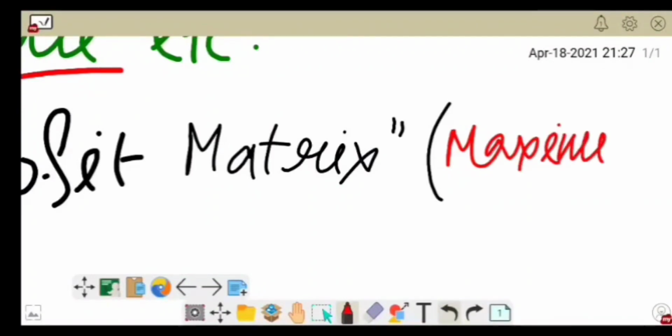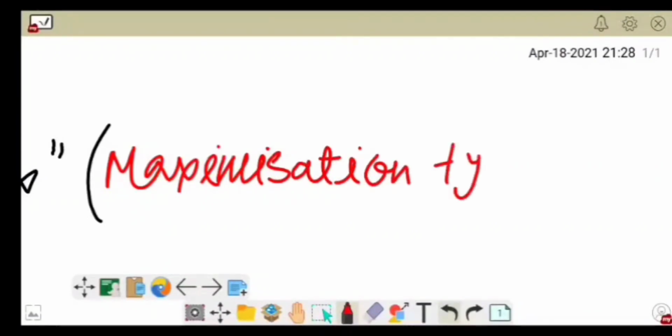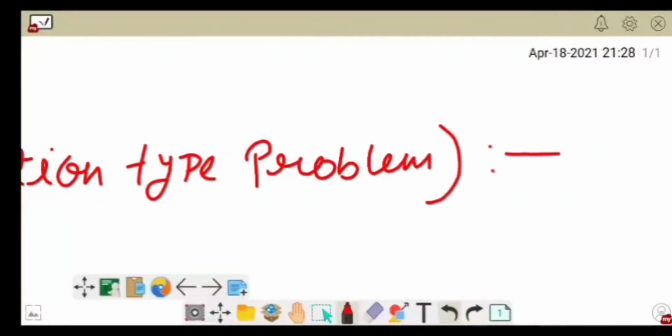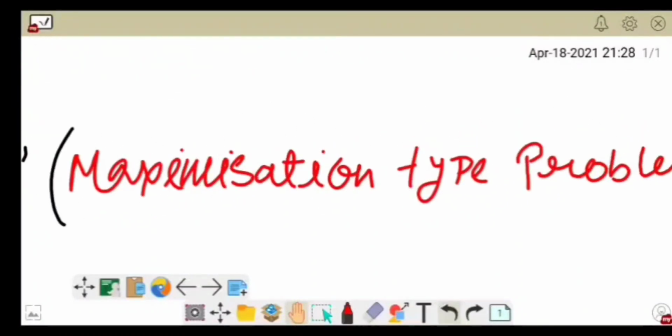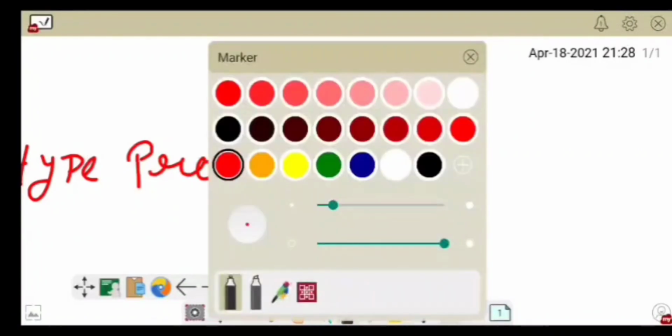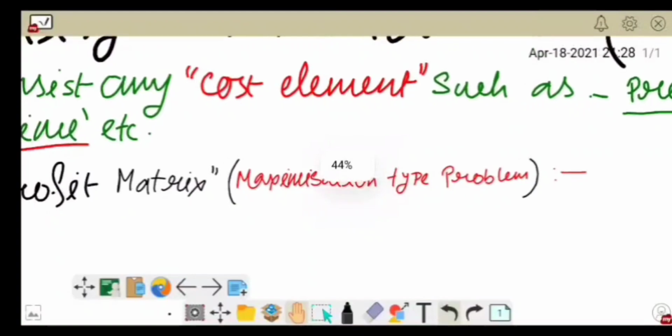Profit is related with the word maximization, because everyone wants to maximize their profit, so it is a maximization type of problem.